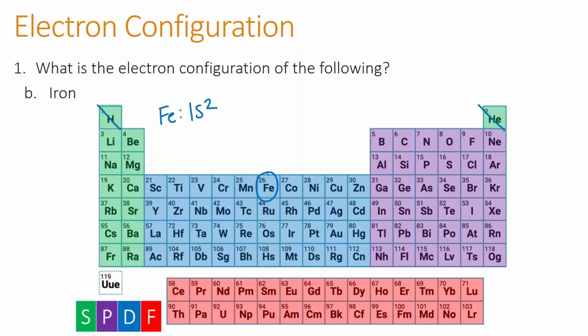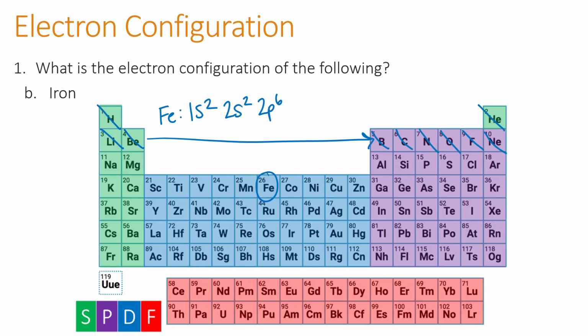We come down to the next row, 2s1, 2s2. Now we're going to come across, so we're still in the second energy level, but now we're in the P block. So this would be 2p1, 2p2, 2p3, 2p4, 2p5, 2p6.